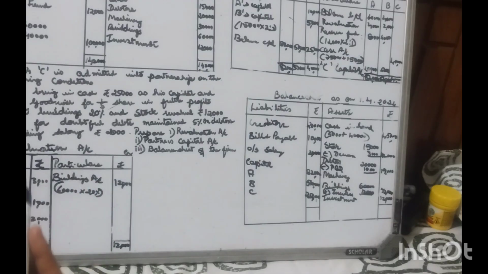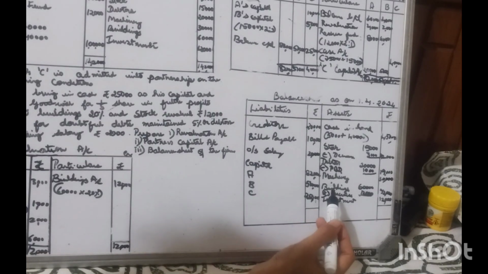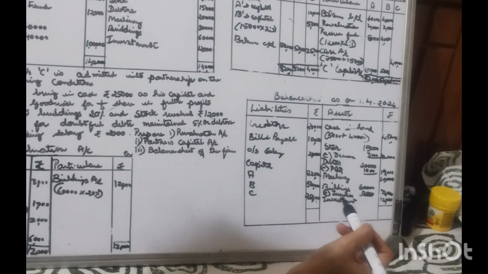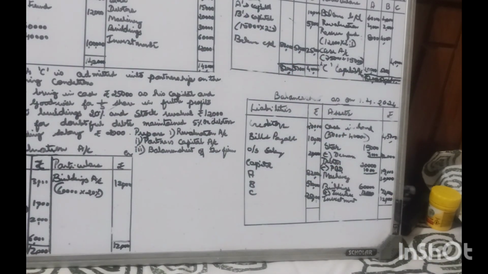Machinery, there are no changes with the machinery, record that as 30,000. Building, the value of building has been increased, now the present value is 72,000. Investment, that is 12,000 without any changes.